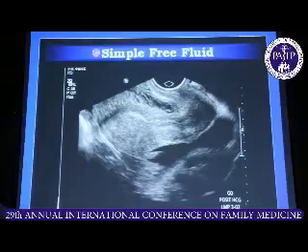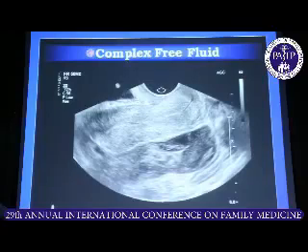Now, first thing which you can see is that patient comes in with pregnancy test positive and pain abdomen, and first thing you will see in ruptured ectopic is the free fluid in the pouch of Douglas. And if the fluid shows debris, that's a sure sign the patient is bleeding.